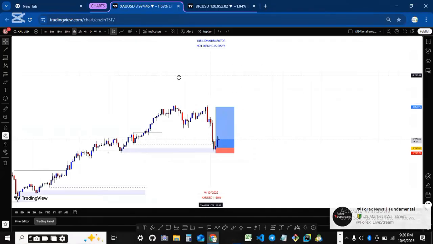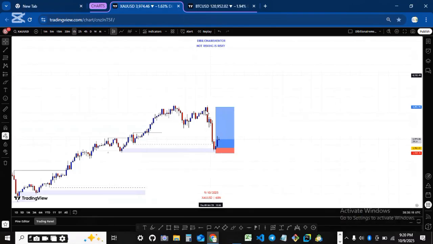I'm trying to move the screen. You can see these red and blue things.